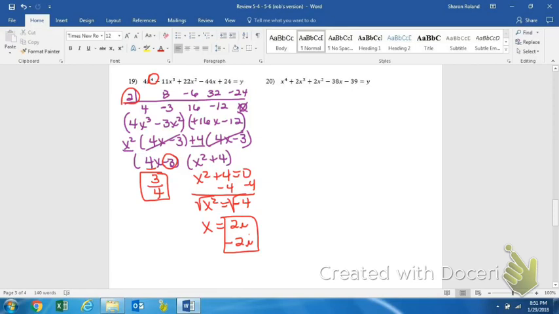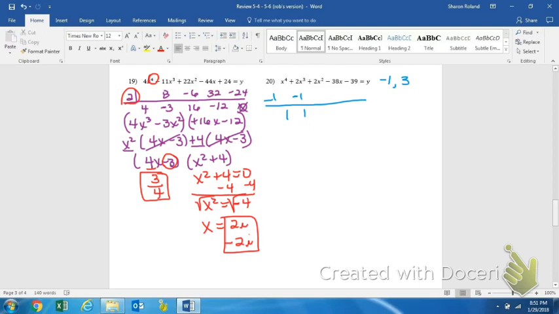Okay, on number 20, if you put that into y equals, your zeros are negative 1 and 3. So we're going to do the synthetic division to get negative 1 and 3 out. Bring the 1 down. Negative 1 times 1 is negative 1. Combine 2 minus 1 is 1.